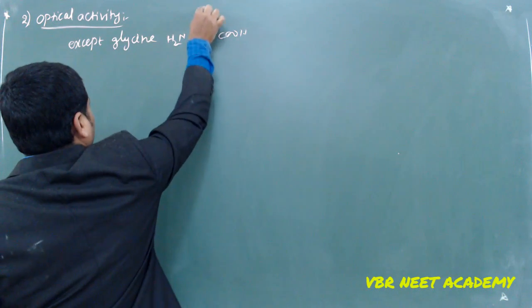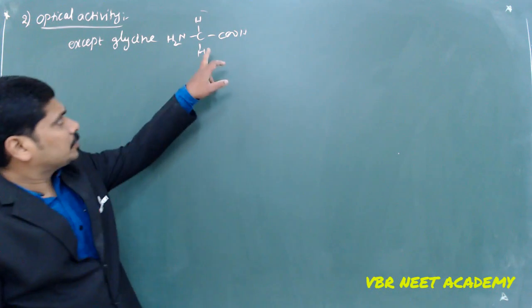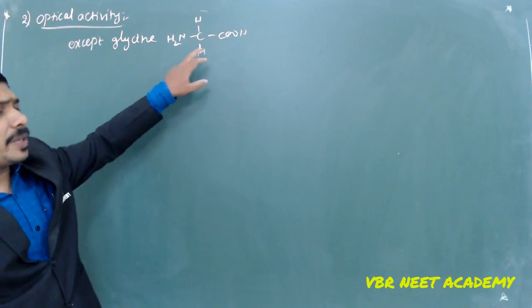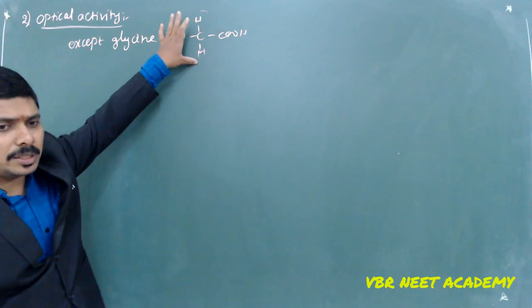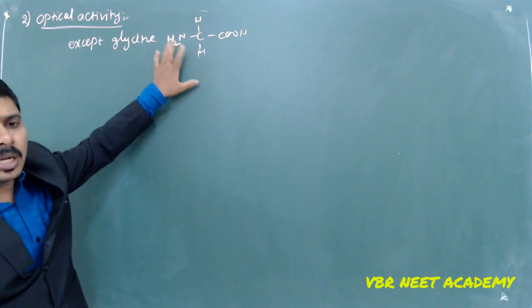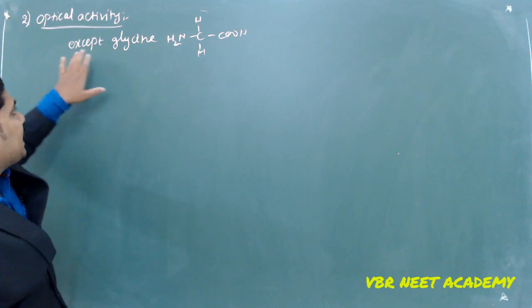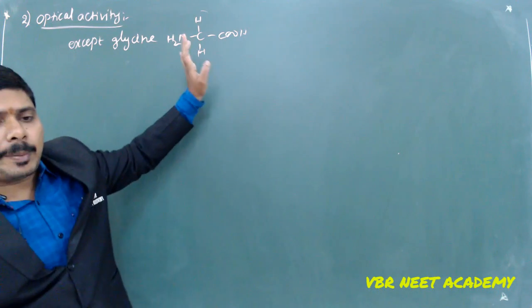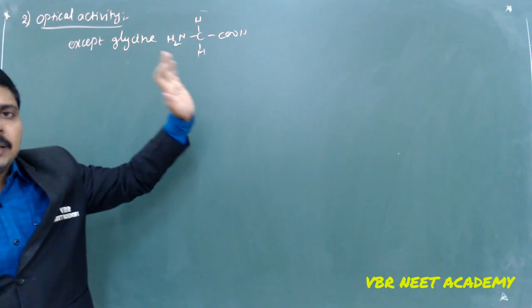There is no chiral carbon. For everything else the substituents are different, but glycine has two hydrogens on that carbon. That's why it does not show optical activity. Except glycine, all remaining amino acids are optically active.